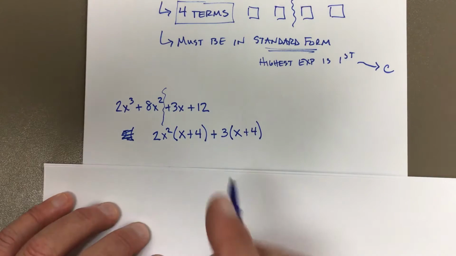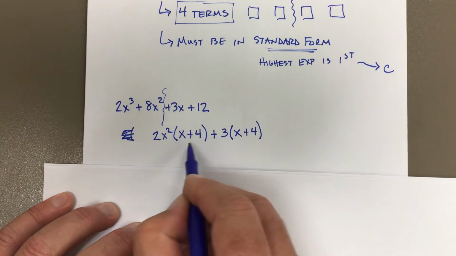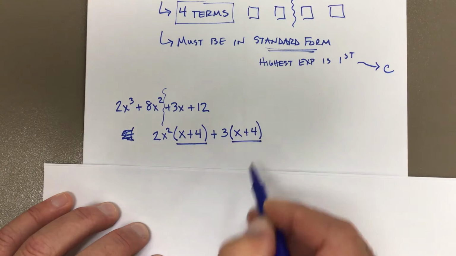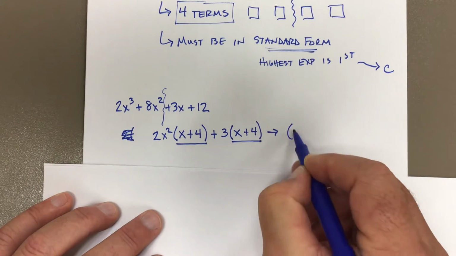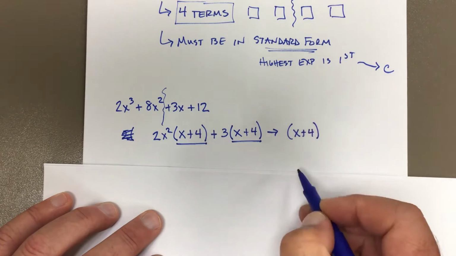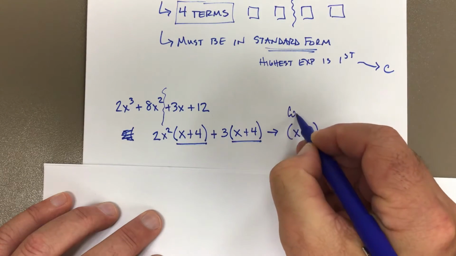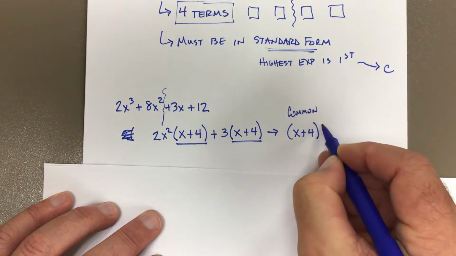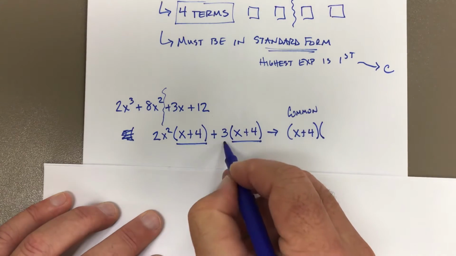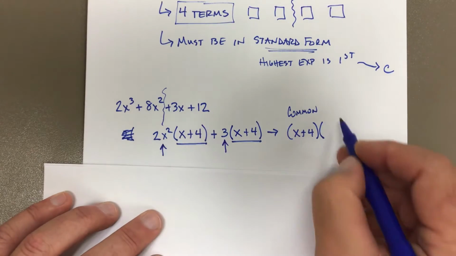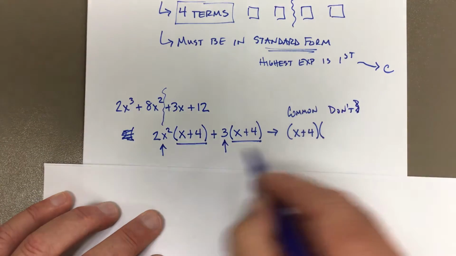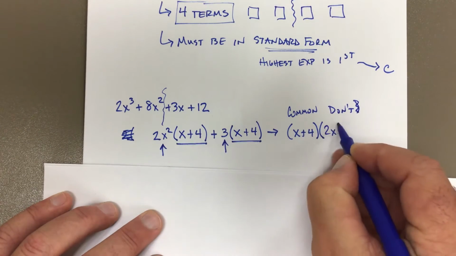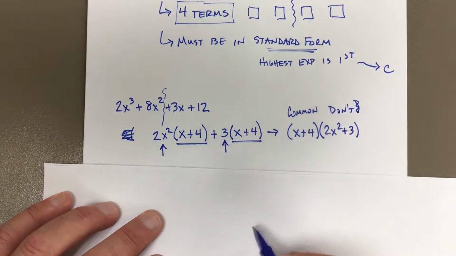These both have x plus 4. So since they both have x plus 4, we write that down. This is what they have in common times what they don't have in common. So that would be 2x squared plus 3.